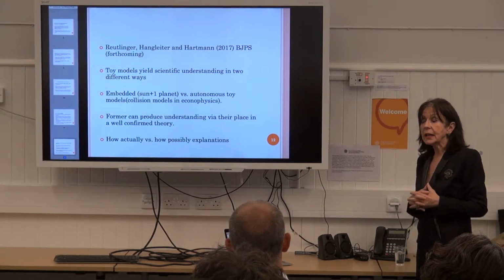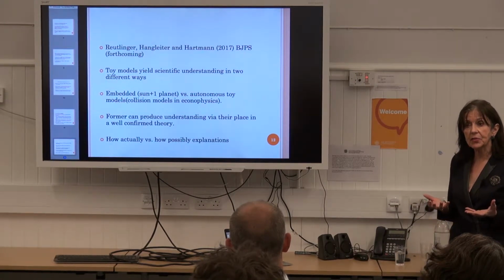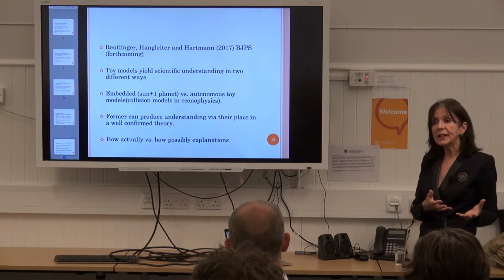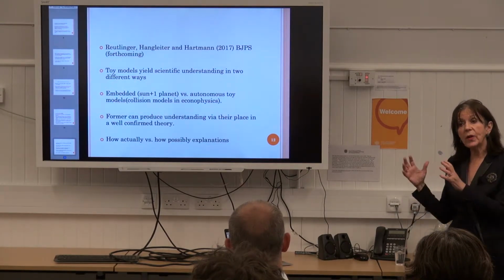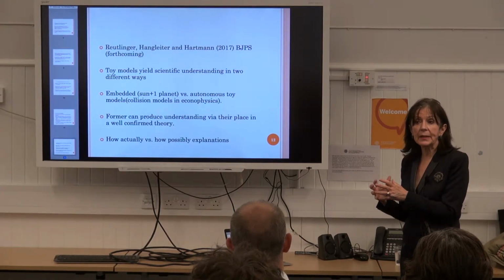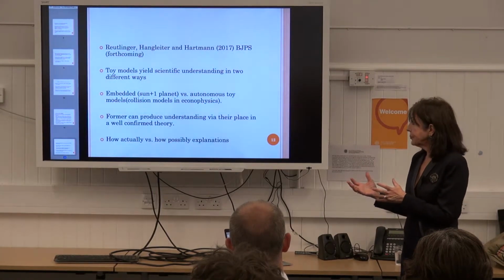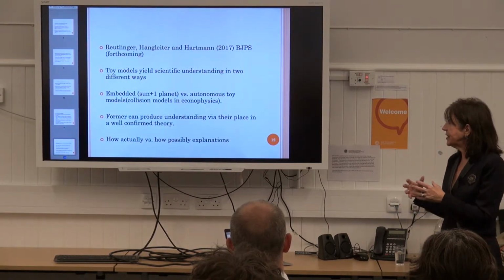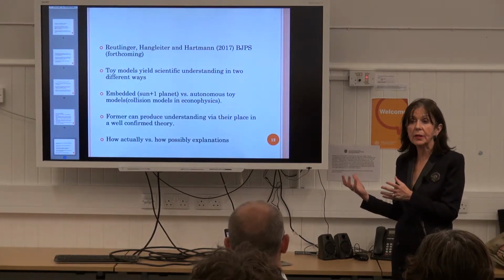One is in virtue of the toy model being embedded in a larger theoretical structure, and the other is a case where you have an autonomous toy model. So when you've got an embedded toy model, their example of an embedded toy model is an ideal gas law, and also the sun plus one planet model in Newtonian physics.